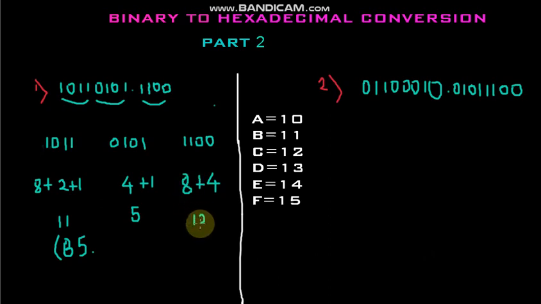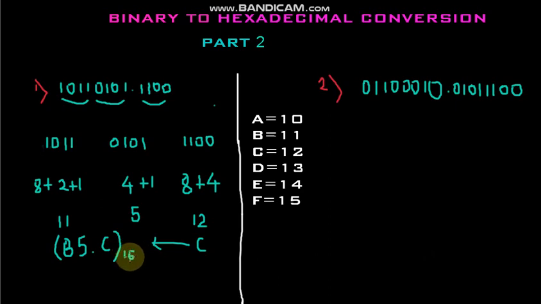Again, we cannot write it as the number 12, but instead we represent it as a letter, and in the reference we can see that the number 12 is represented by the letter C. So we replace it by C, and write this C in continuation of the number, and hence we get our final hexadecimal number as B5.C with the subscript 16, as it is a hexadecimal number.